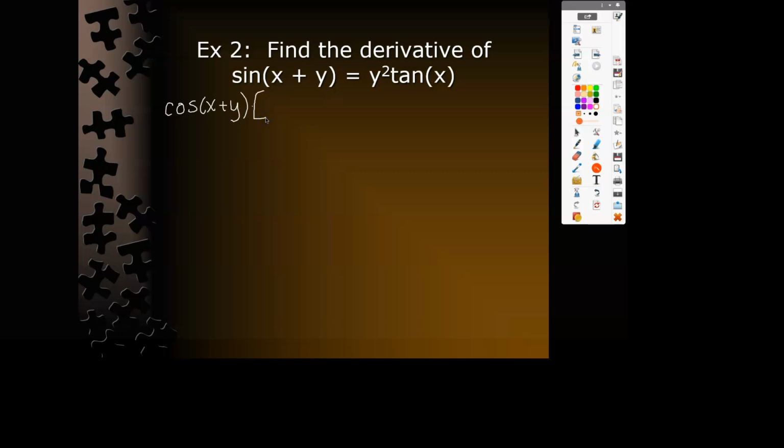So derivative of x is 1, derivative of y is dy dx, so now that cosine x plus y is technically going to be distributed to both the 1 and the dy dx.